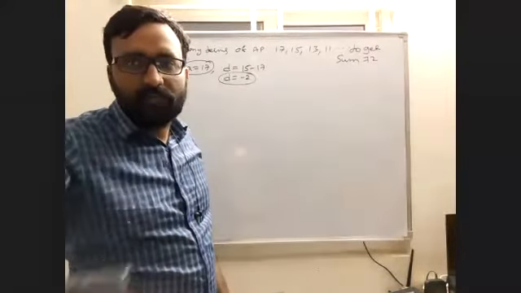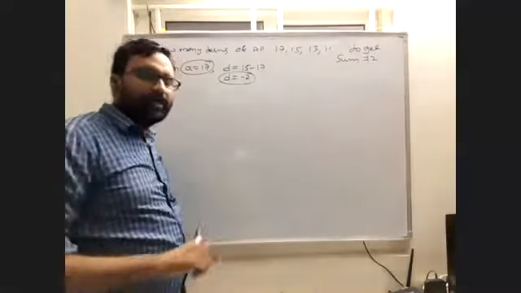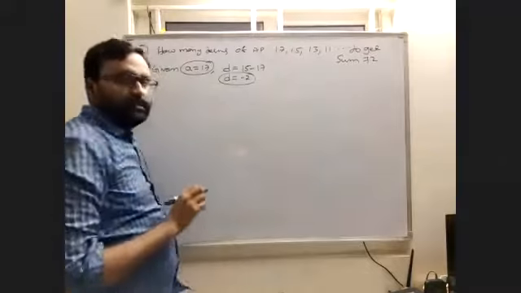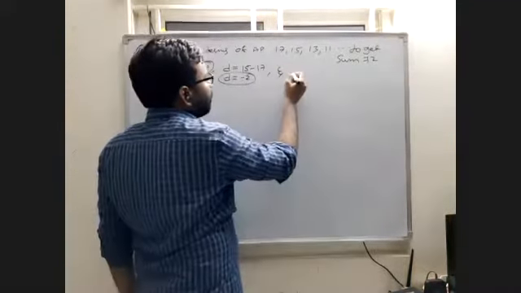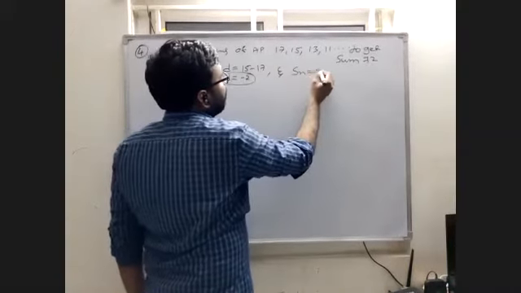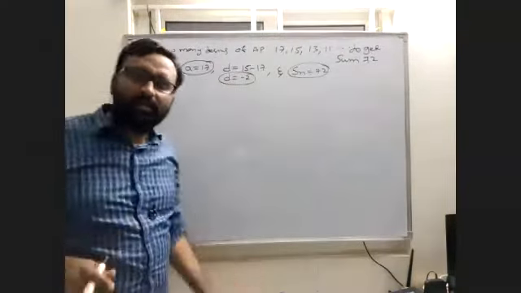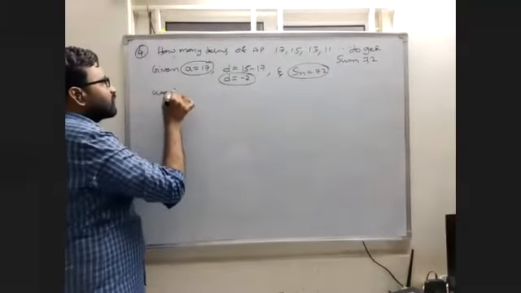Understand? So you should solve like this. 15 minus 17 is minus 2. That is the common difference. And also one more hint given, that is the sum of numbers Sn is equal to 72. Sn is also given as 72. Small n is not given, same as the previous one. So what is the formula?